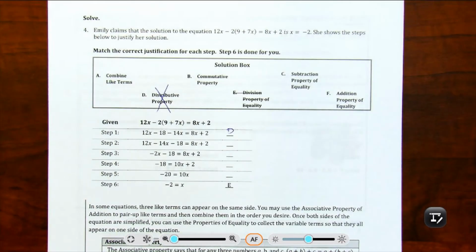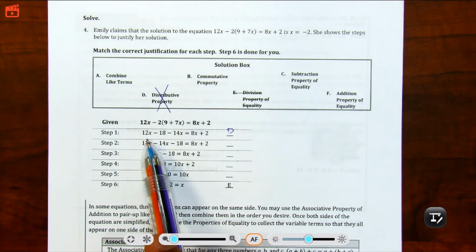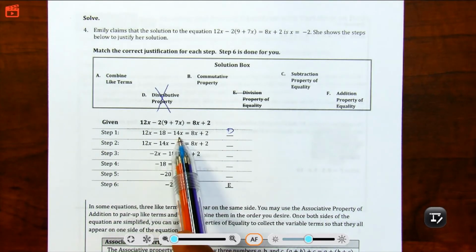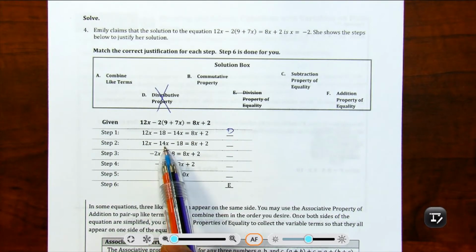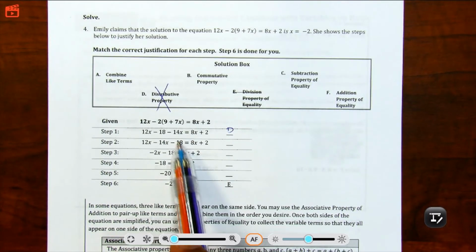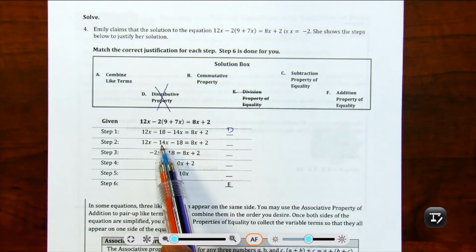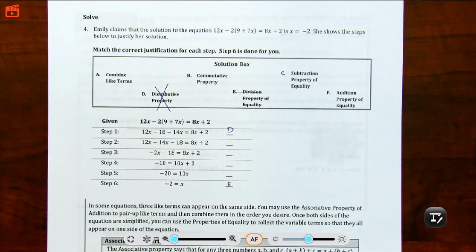Next, we have 12x minus 18 minus 14x, and that was rewritten as 12x minus 14x minus 18. What property allows us to rewrite or to move around terms? That is the commutative property.